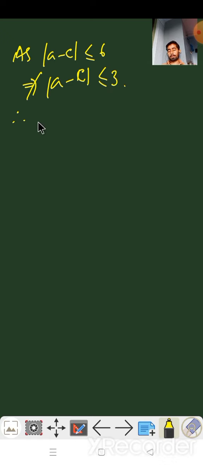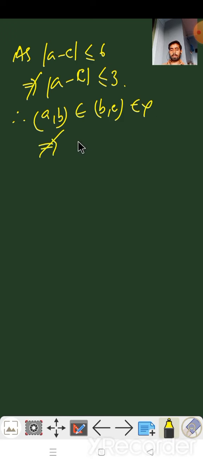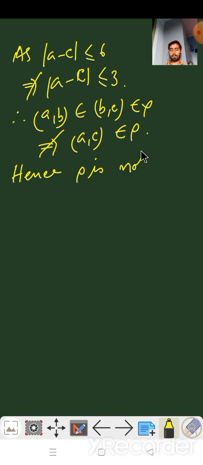Therefore (a, b) and (b, c) belonging to rho does not imply that the ordered pair (a, c) belongs to rho. Hence we can say that rho is not a transitive relation.